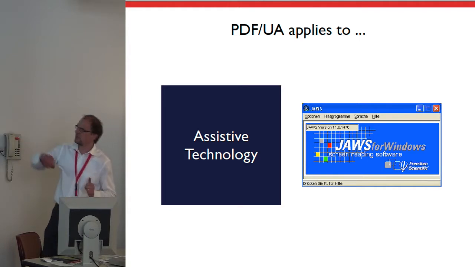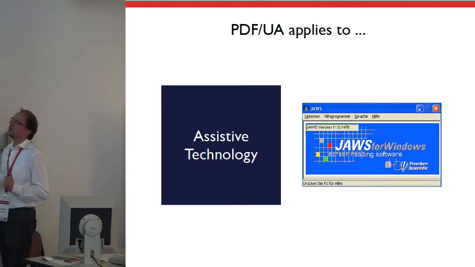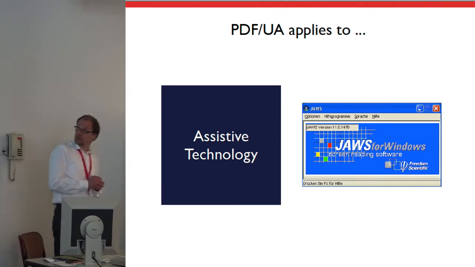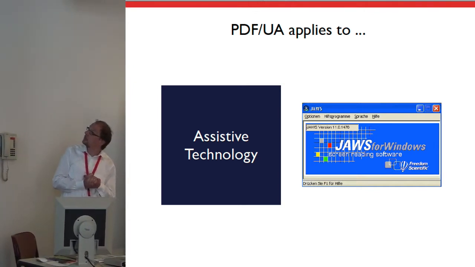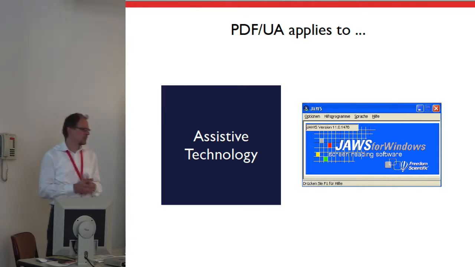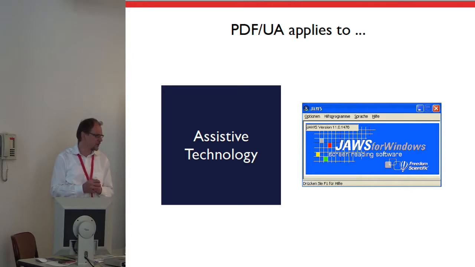Here is a picture from JAWS, but the best screen reader for PDF UA files is NVDA, or also other viewers, specialized viewers for special target groups, for example the VIP PDF reader for low vision users.